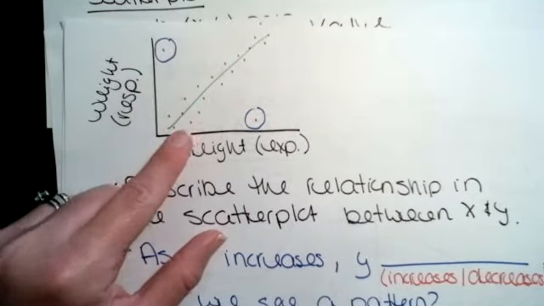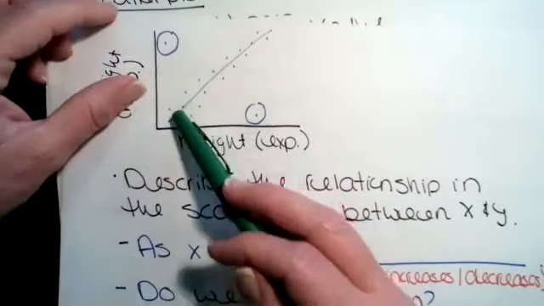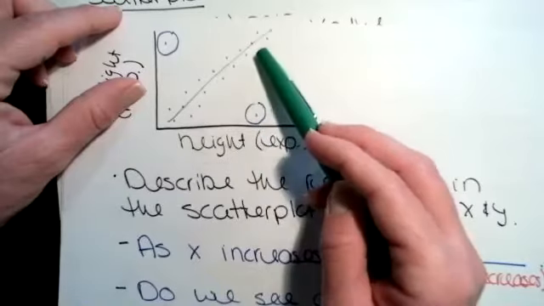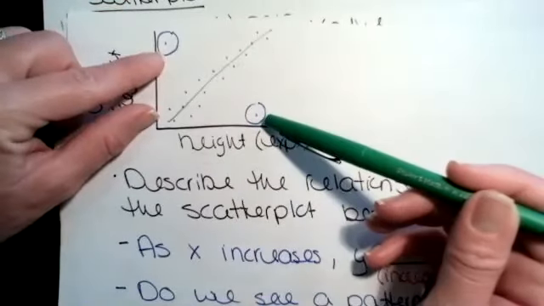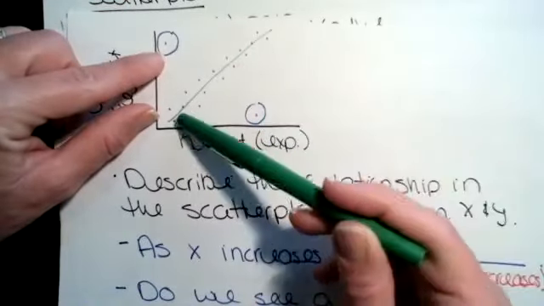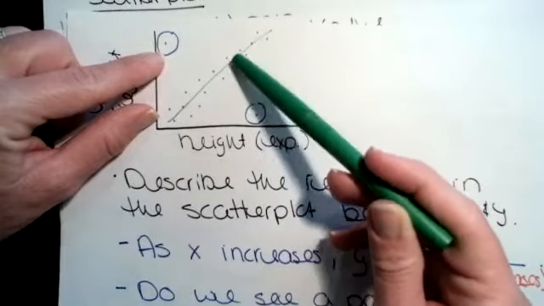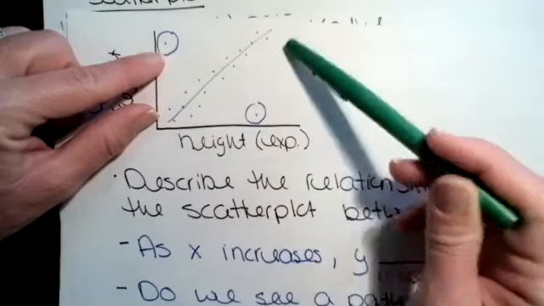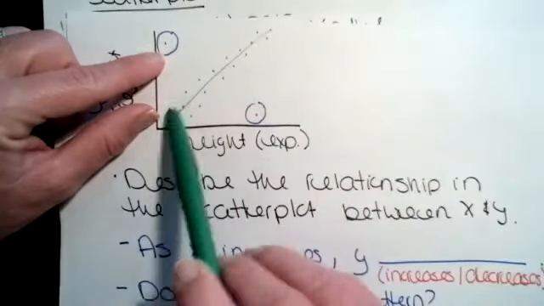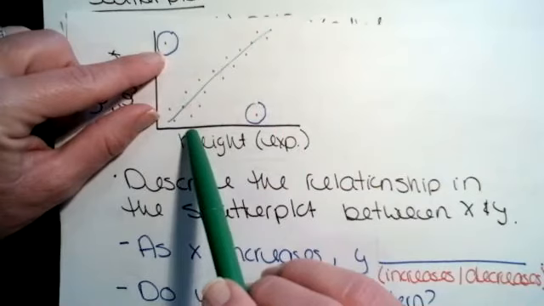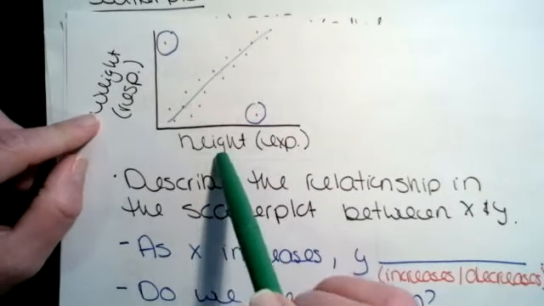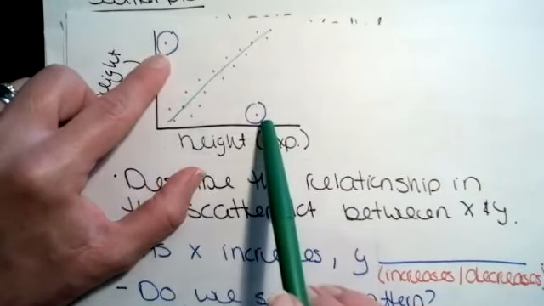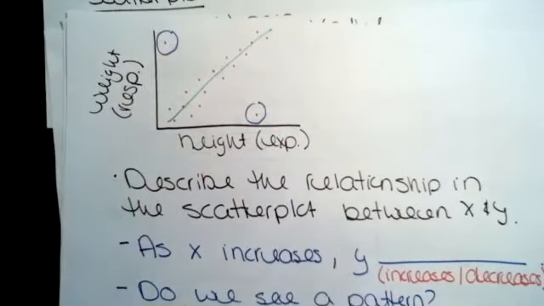The reason I say fairly or moderately strong is I could cover almost all of these with the pen, but then look, I have these outliers. So I would say I have a moderately strong, positive linear relationship. Positive is because X is increasing, Y is also increasing. My slope of my line is positive between my height and weight. And I would mention that it appears that I have 2 outliers.